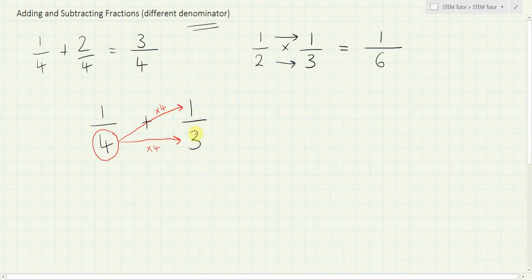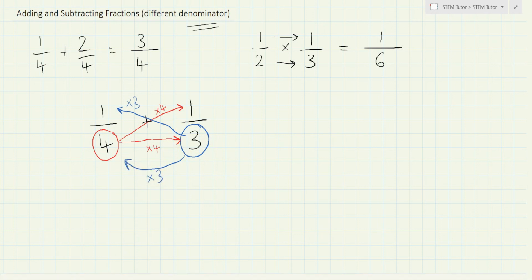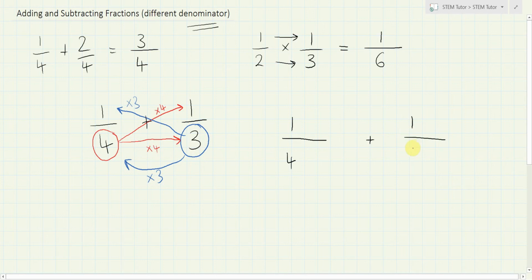Now you've done that, you look at the denominator on this side of the question, and you multiply again on the other side both top and bottom by that denominator. So in this case multiplied by 3. That will leave us with the 1 over 4 and the 1 over 3.